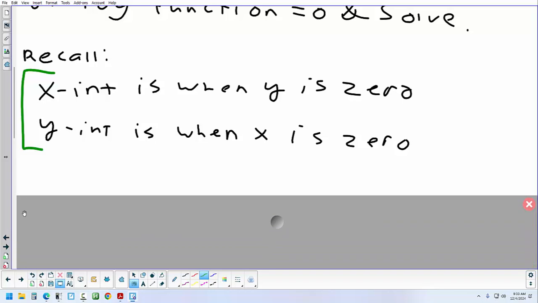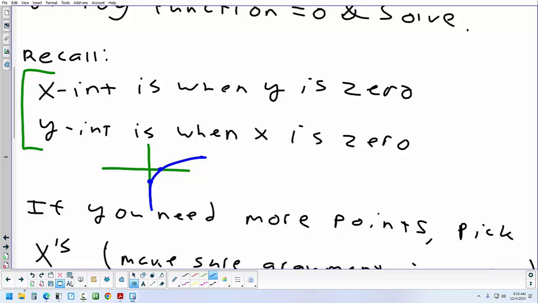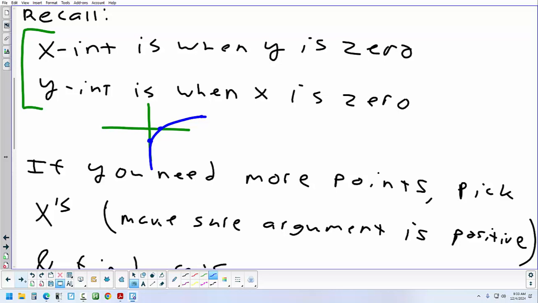All right, so once you do that, you're probably going to have a couple points. You might have 2 once you know your intercepts. You're probably going to want to find at least 1 more, so then you can kind of get your curve. I would say you generally need about 3 or 4 points to graph a log.